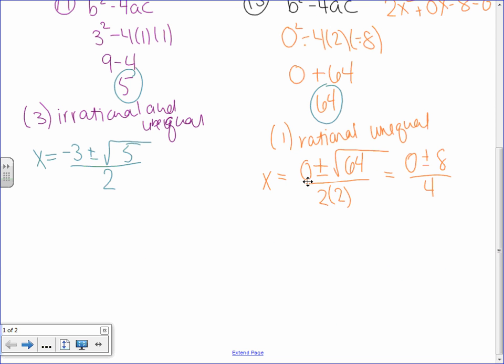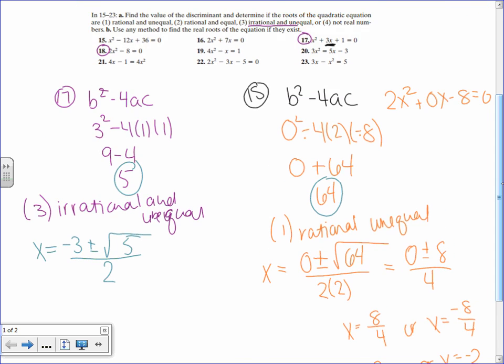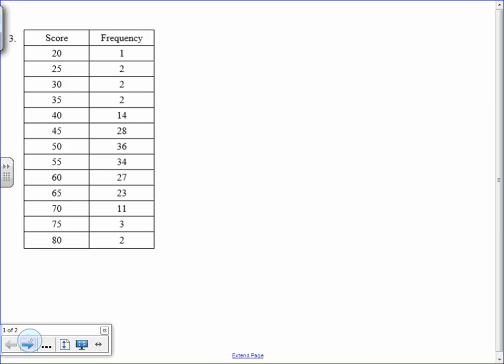In this case you can simplify, because that means x equals 0 plus 8 over 4 or x equals 0 minus 8 over 4. So x is equal to 2 or x is equal to negative 2. So yes, it is pretty simple. Like I said, it's nothing new. It's just using the quadratic formula in a different way.